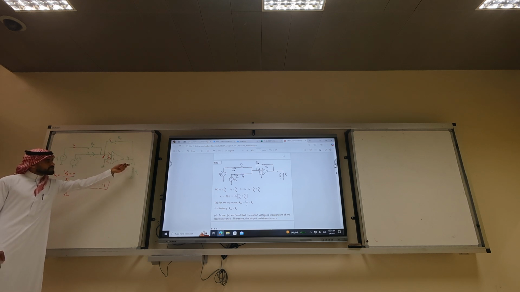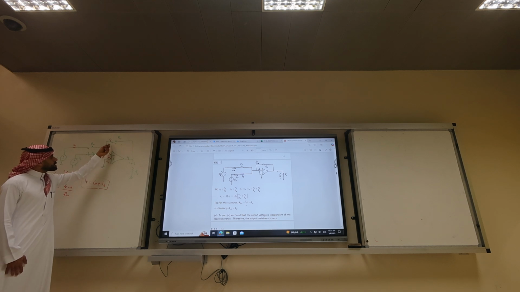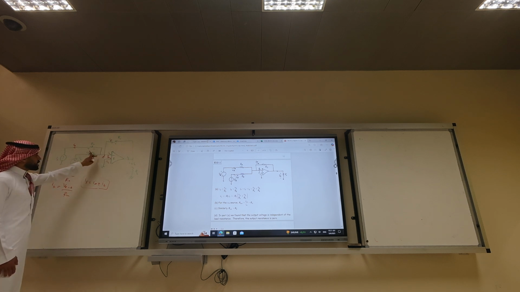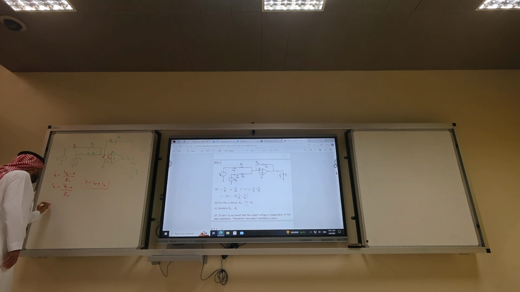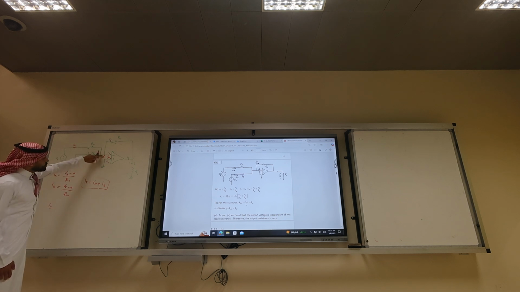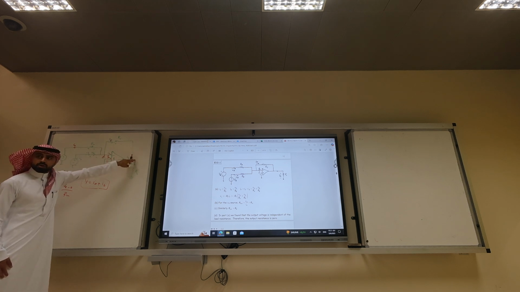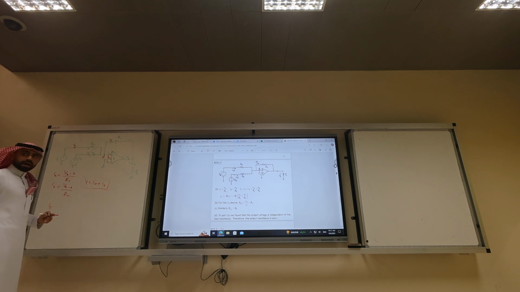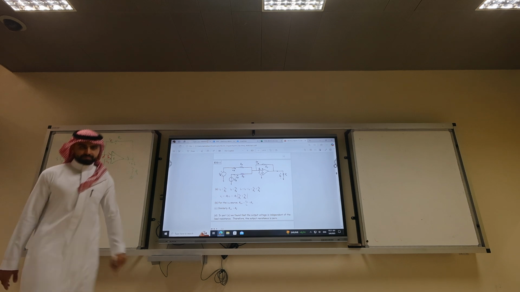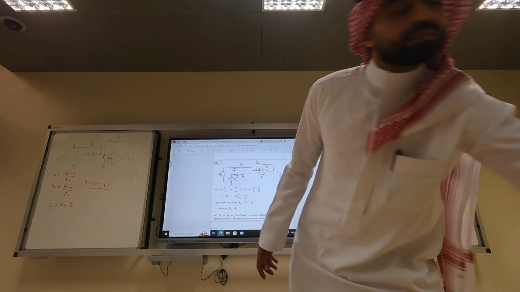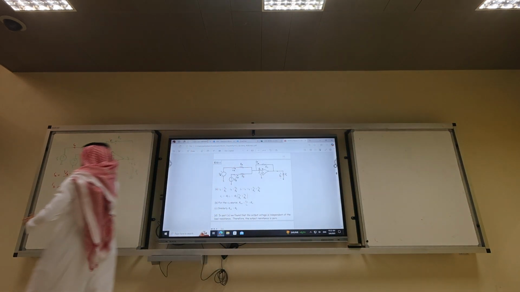So there is no point of saying V output equals I output times RL. Instead, we calculate IF directly from the equation. So what is IF? IF is 0 minus V output over RF.